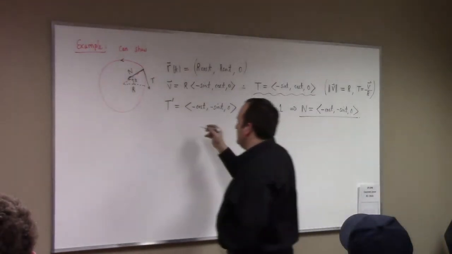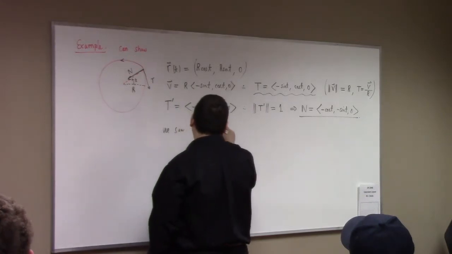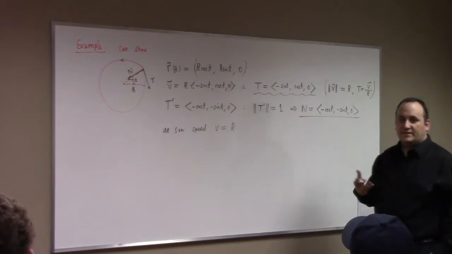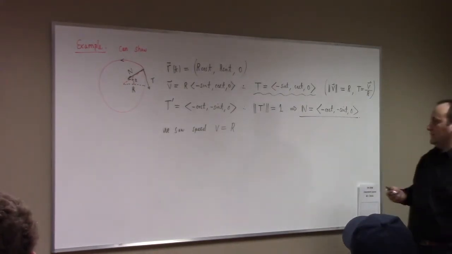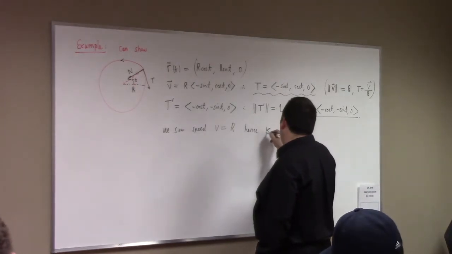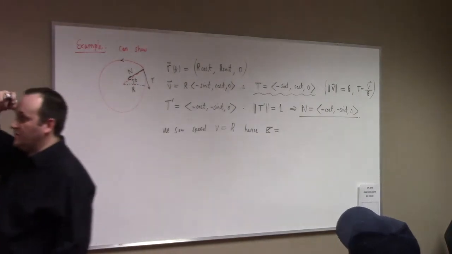What's the speed? Speed, v, is equal to r for my parameterization, right? Because that is the magnitude of the velocity. Therefore, what's the curvature? Go back to the definition for it over here.